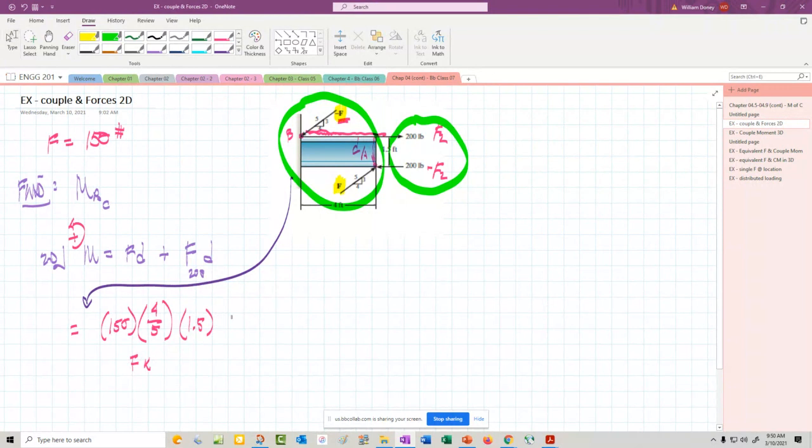That's the x component, and there's a distance that gives us the moment. It's positive because it is trying to rotate that way. Then I have to include 150 times the y component. And the y component is going to be up here. And we have to use that horizontal distance, which is 4 feet.